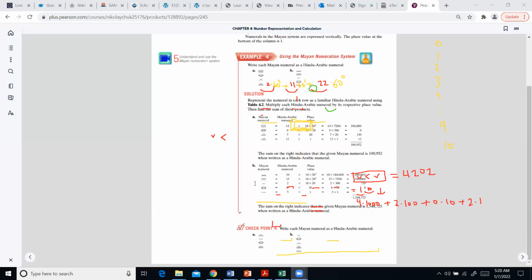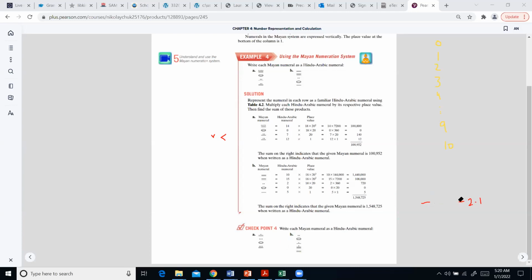Let me clean a little bit of this mess I produced. So I'm going to look at example 4, part A, just to read along with the statements that the textbook has. Our goal today is just to start to realize that numbers that we are used to writing quite automatically could be treated a little bit differently.